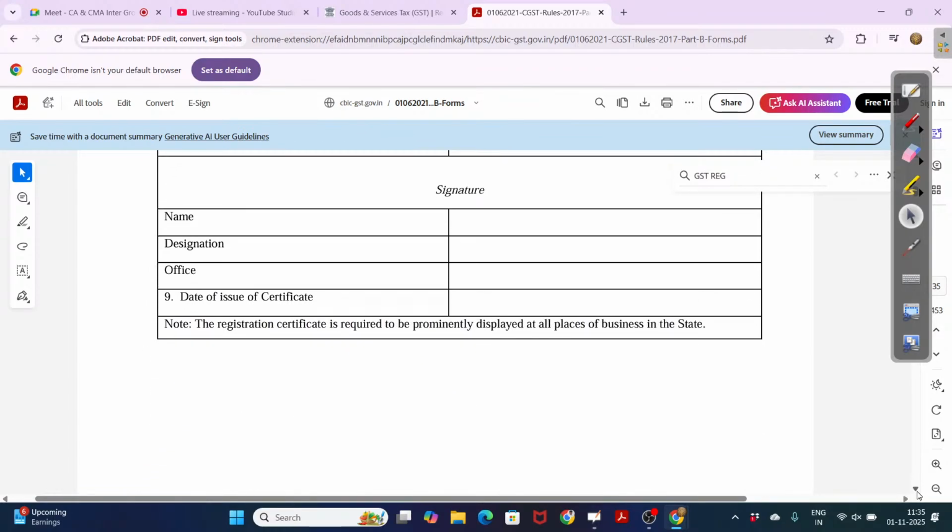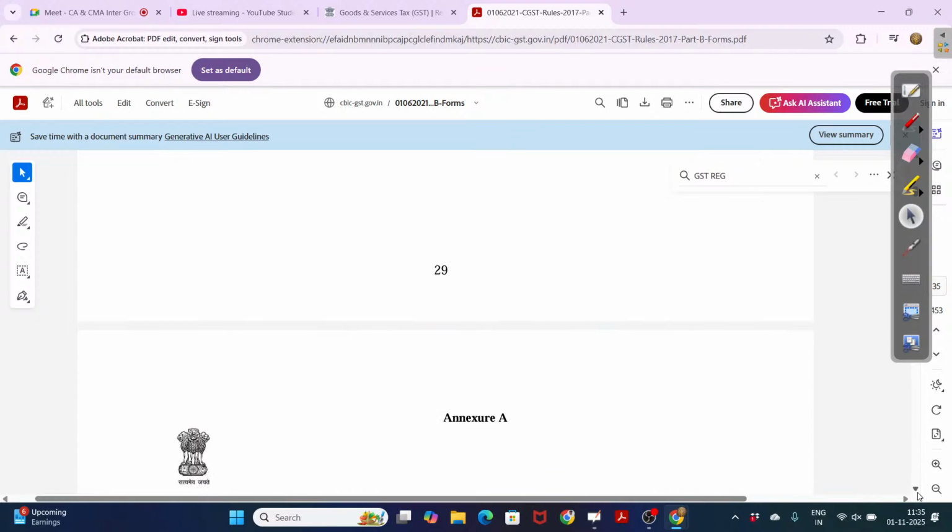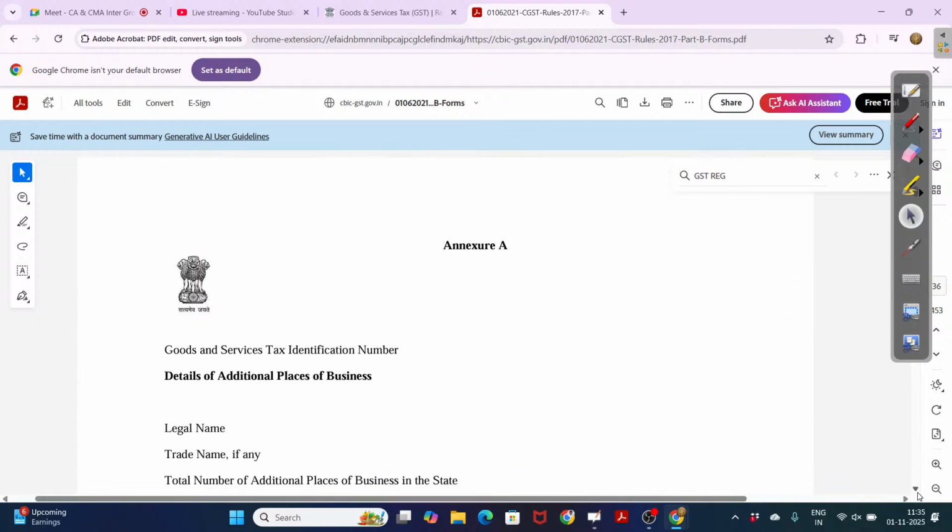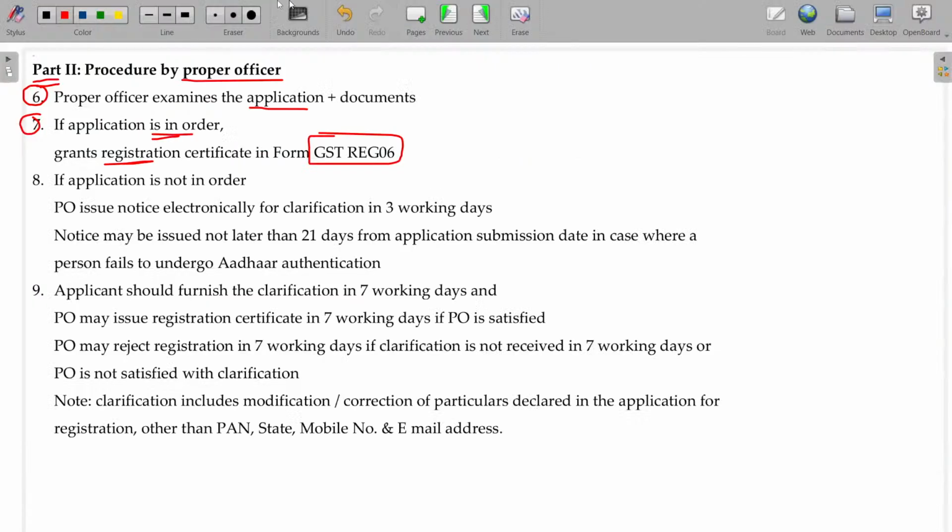All these things are printed in this. You have to display this in your shop, stating that you are a registered person. This is the form you will get when your registration is confirmed.